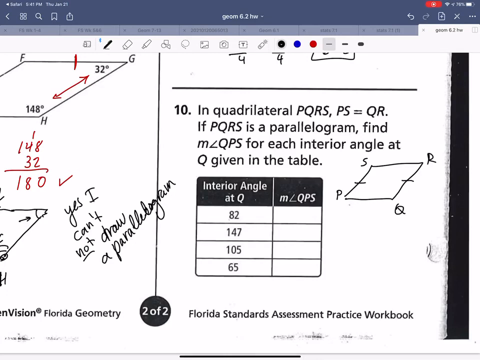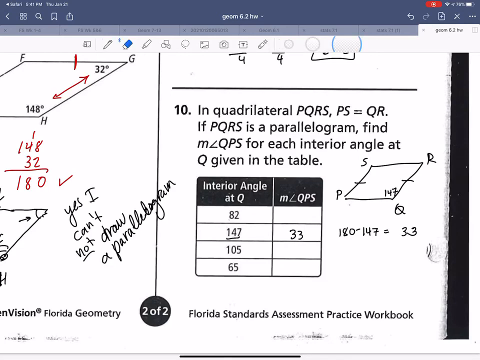If PQRS is a parallelogram, find the angle of QPS for each interior angle at the given. So if interior angle at Q is 147, you see what I'm saying? I'm picking the bigger angle. Then what is P? Well, that's just 180 minus 147.